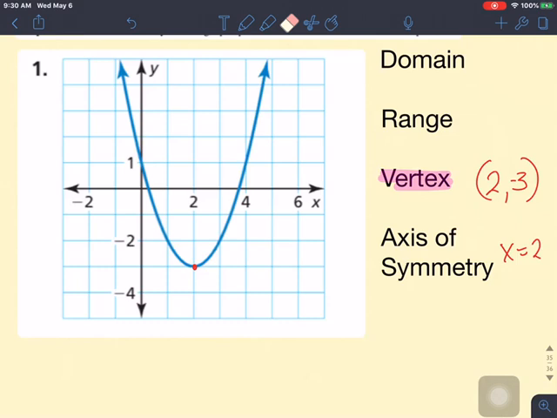If you look at the arrows here and here, not only are they going up forever, but they're going to the right and to the left forever, respectively. So all the values from that point to the right are part of my domain, and all the values from that point to the left are part of my domain.